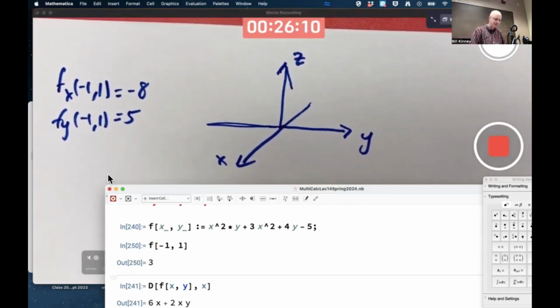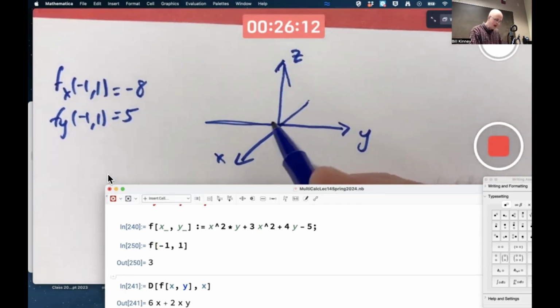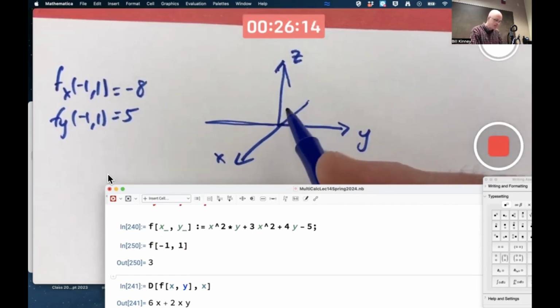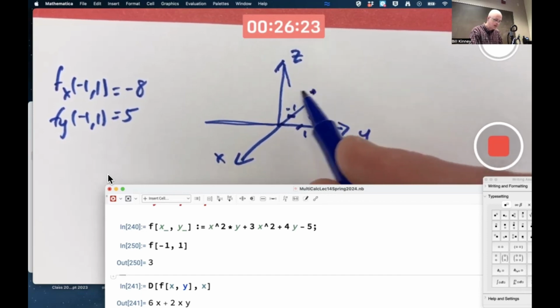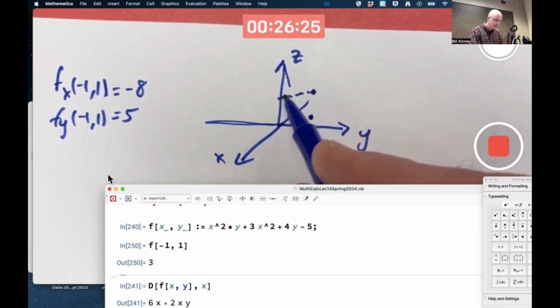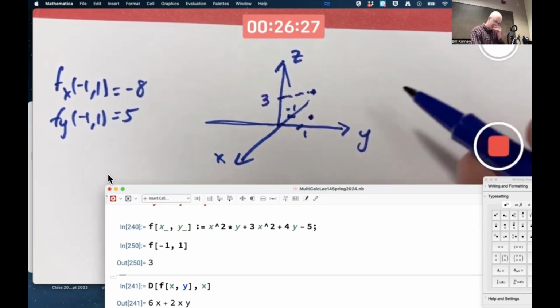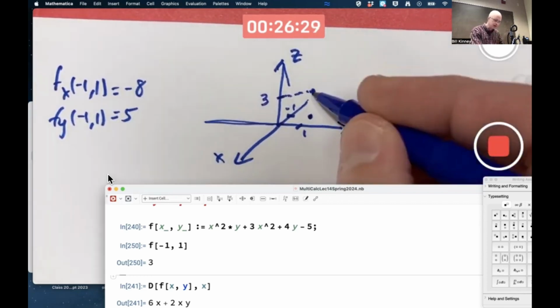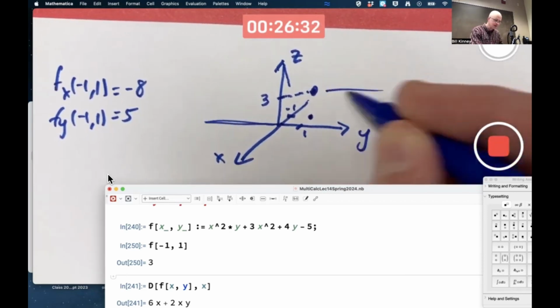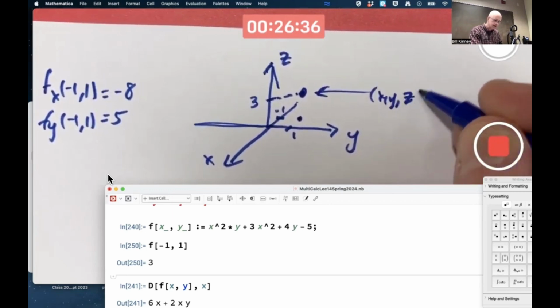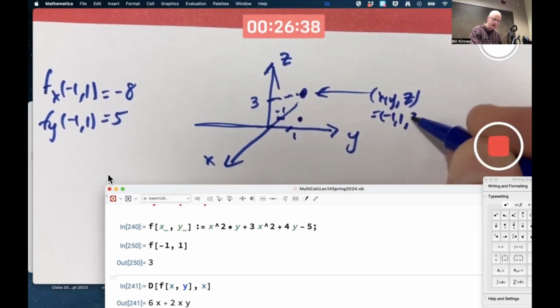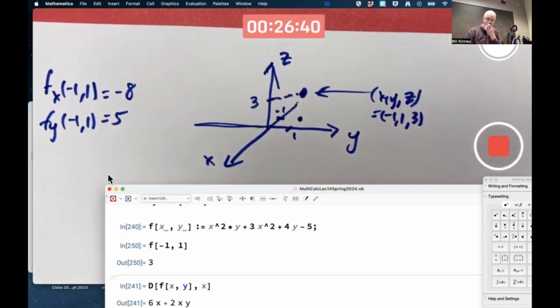So the point on the graph when x is -1 and y is +1, meaning above that point, is going to have a height of 3. That'll be a 3 there. Think of that point here as being behind the screen. It's got coordinates x, y, z being -1, 1, 3. It's a point on the graph of f.